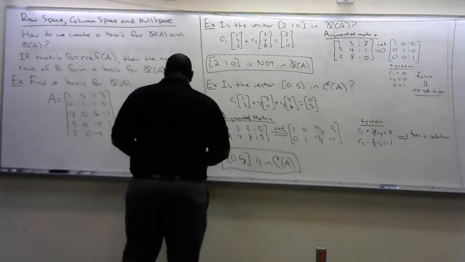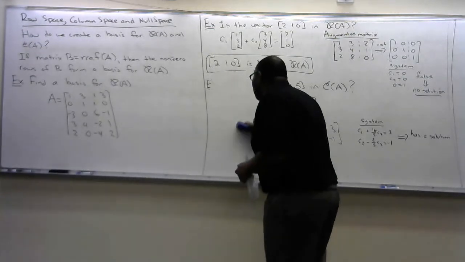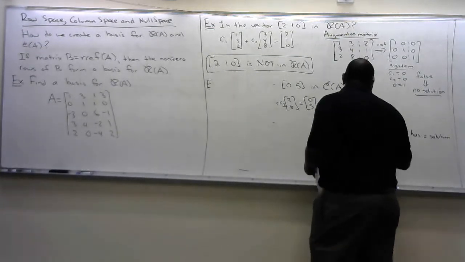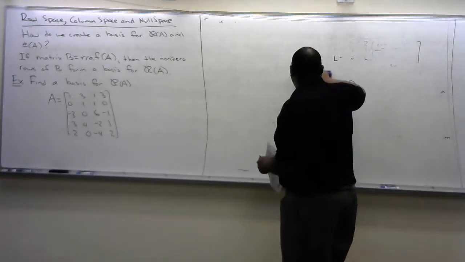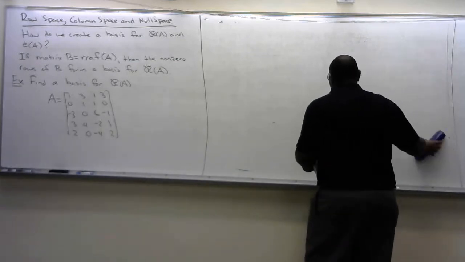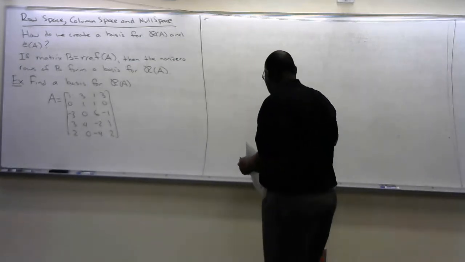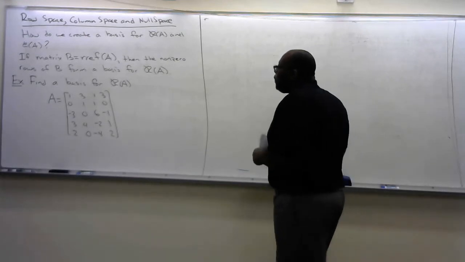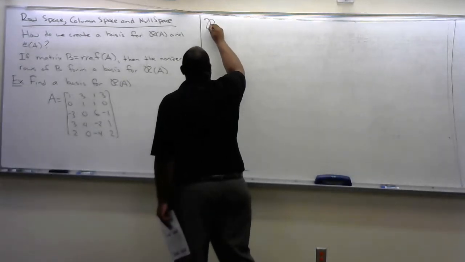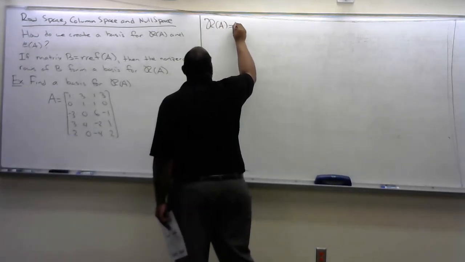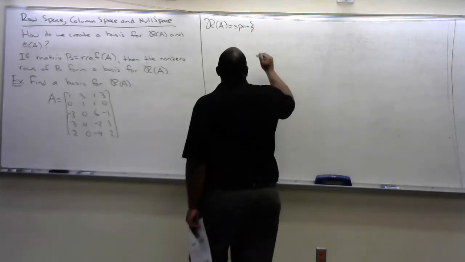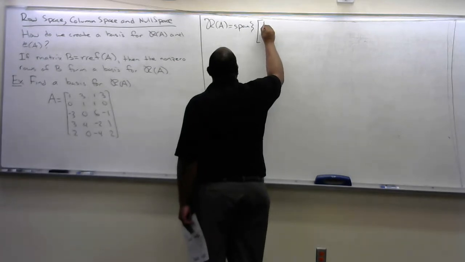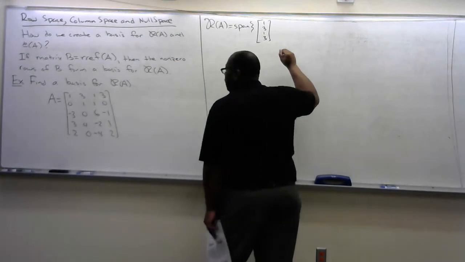Now let me reiterate what the row space of A is equal to. The row space of A, when it comes down to it, is equal to the span of all the rows of A. So I'm going to write out the span: all possible linear combinations of these 5 rows.